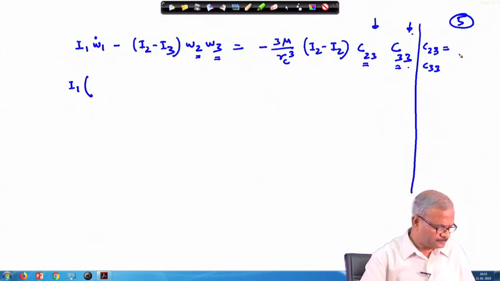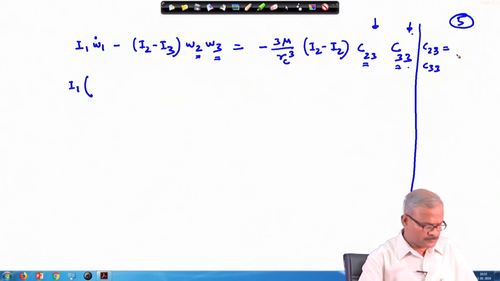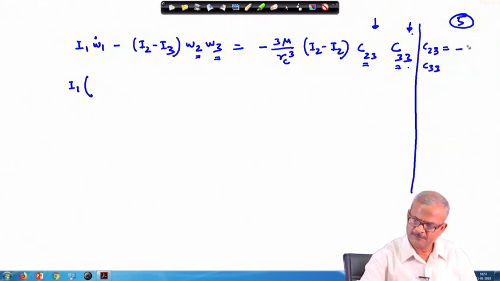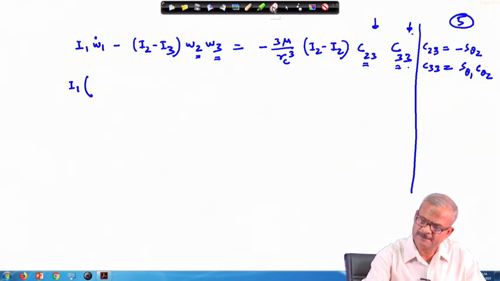So inserting all these values here. The first one is minus sin theta 2, the C 3 3 is sin theta 1 times cos theta 2, and sorry, this one we have written as S 1 3.